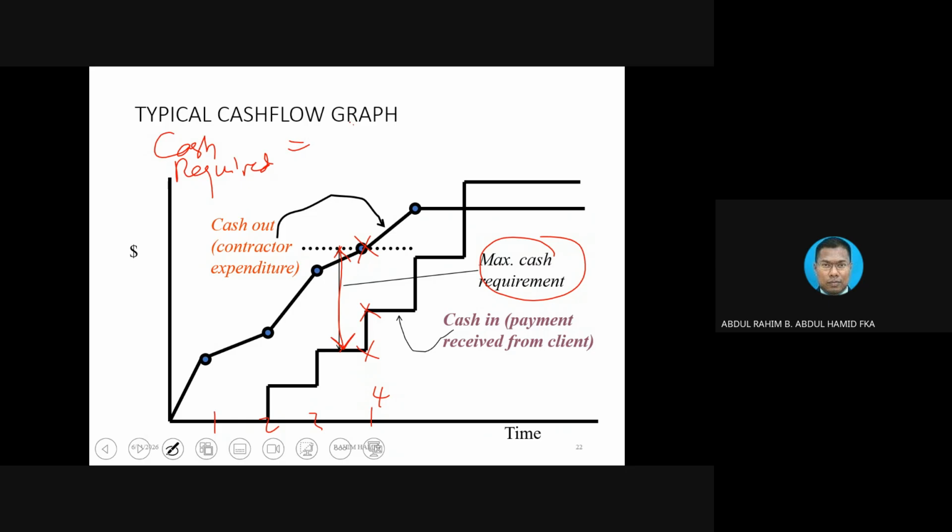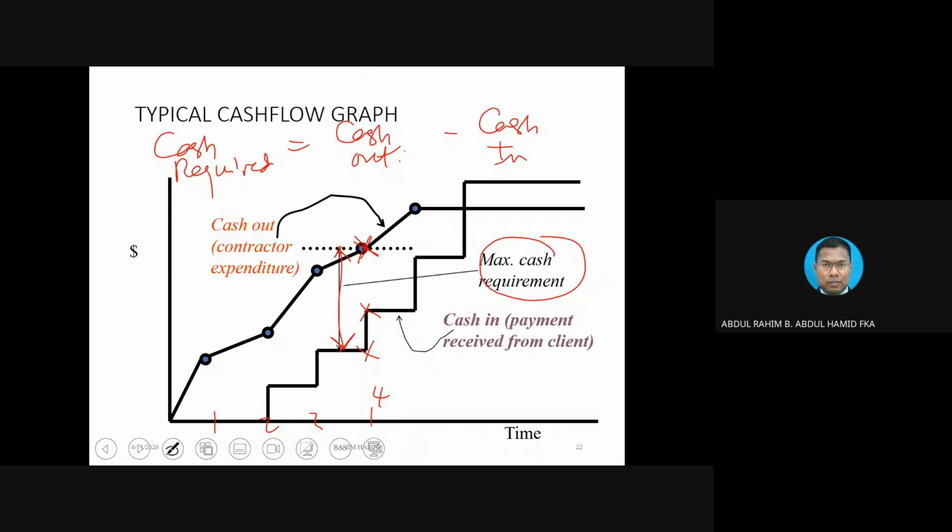is cash out minus cash in. This is what we call cash out, but you need to consider one thing. Let's say we are looking at the end of month 4.